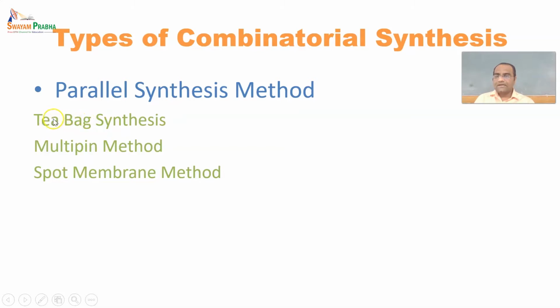T-bag means a small bag, and this small bag has resin. In the multi-pin method, there are multiple pins with chemical moieties attached to them. And then the spot membrane method, where spotting on a membrane is done.